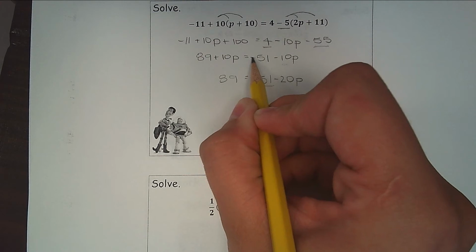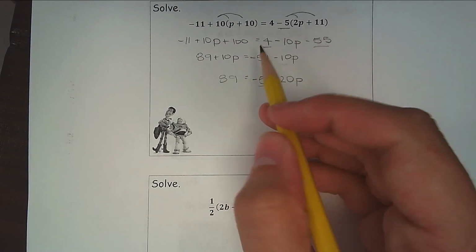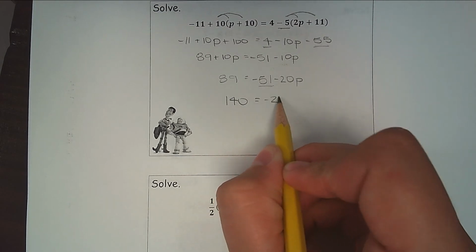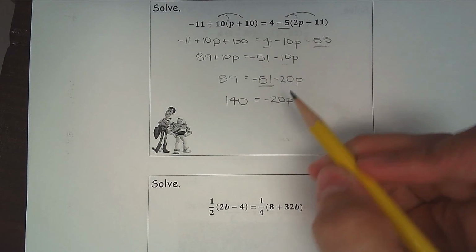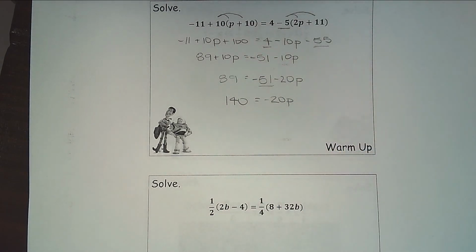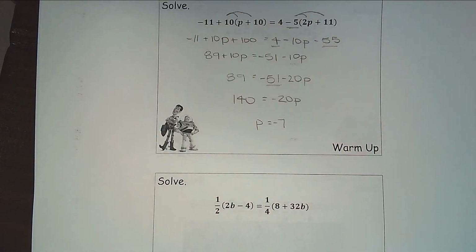Ooh, this should be a negative 51, so that means I'm going to add it, my bad, sorry. And now right now I'm multiplying p by a negative 20, so in order to move it to the other side, you need to divide it. Which means p is going to equal negative 7.